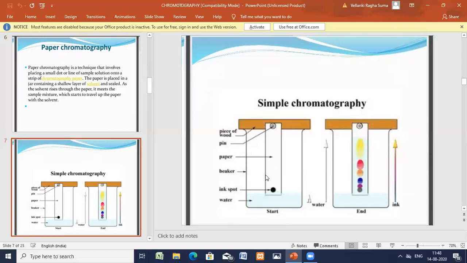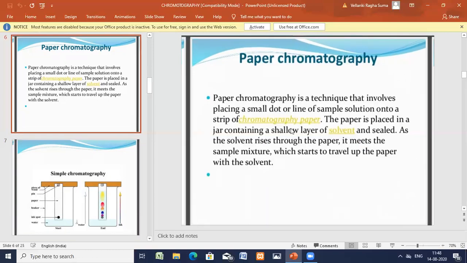Here is the diagram of what I've explained, the simple type of paper chromatography. In this technique, a small dot or line of sample solution is placed on the paper. It is placed in the jar which contains solvent and then sealed. Now the solvent travels through the paper and meets the sample mixture.